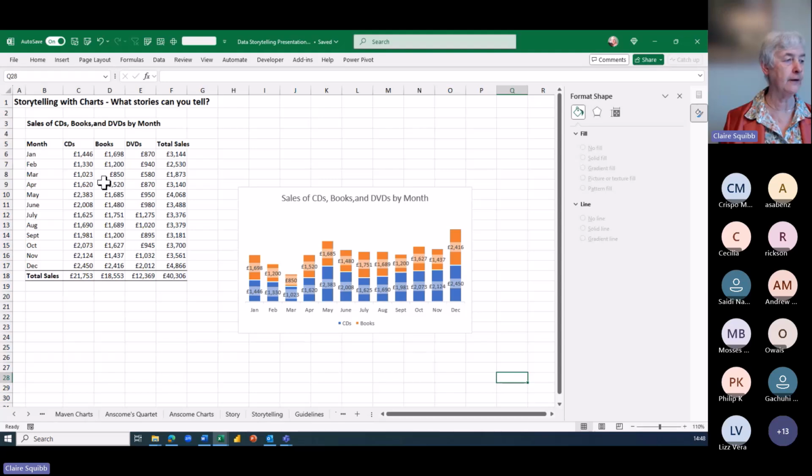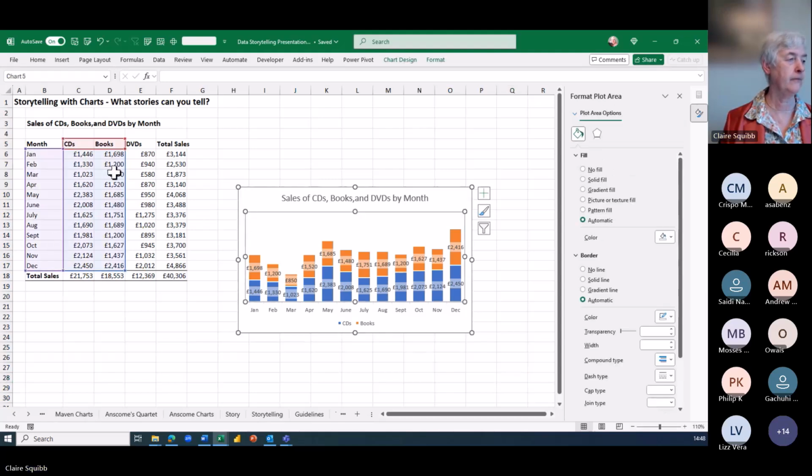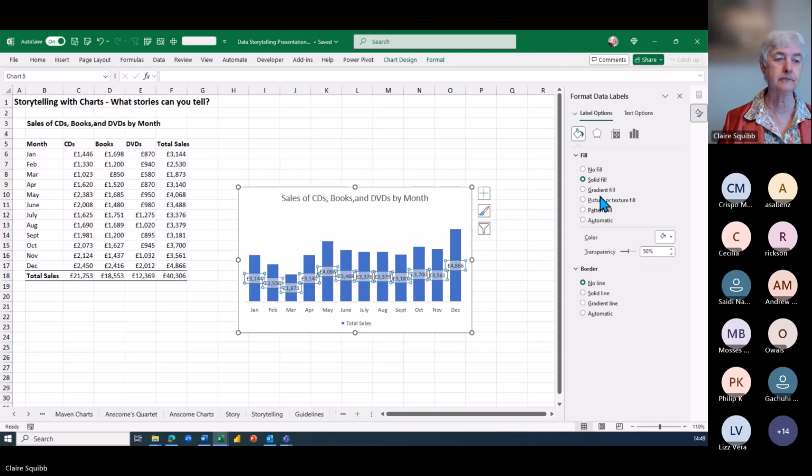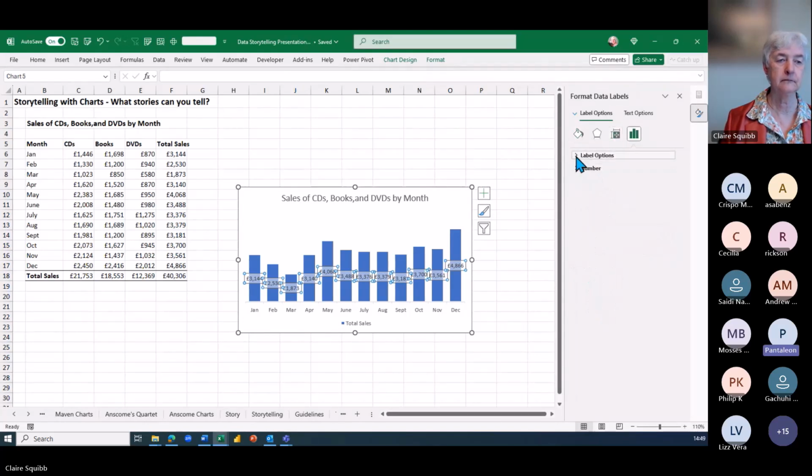And if I go back to showing the total sales, we could then show our data labels at the top. Requirements, comma, and the components.